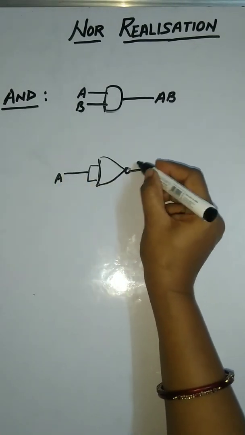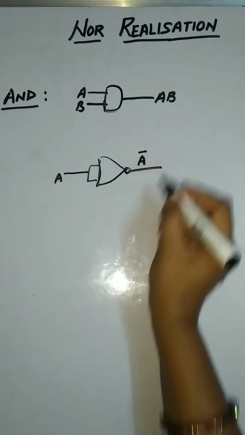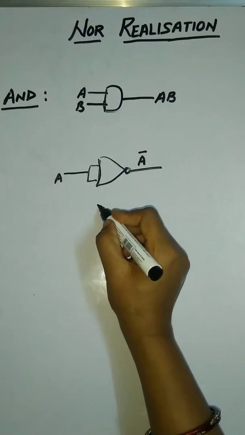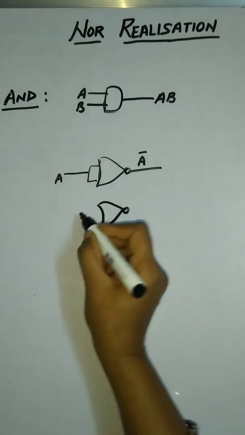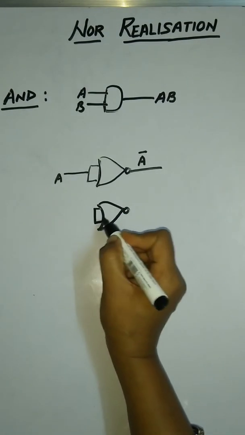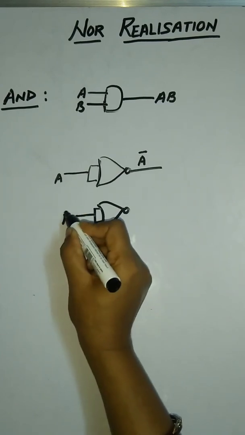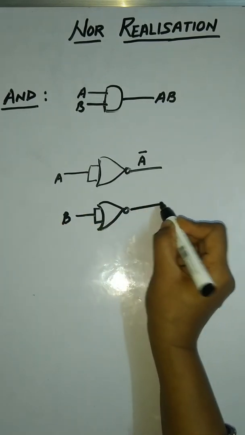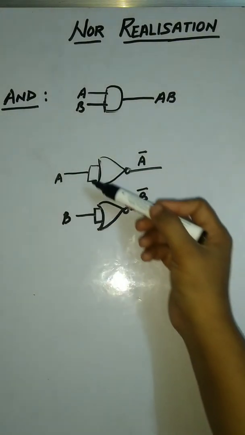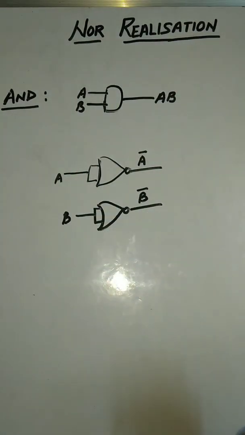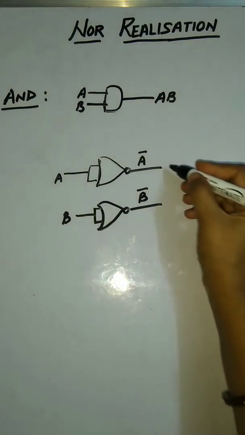If we are passing A, clumping two input lines, we get here A bar. And in a second NOR gate passing the B variable, we are getting here B bar. When we are clumping two input lines, it works as a NOT gate.